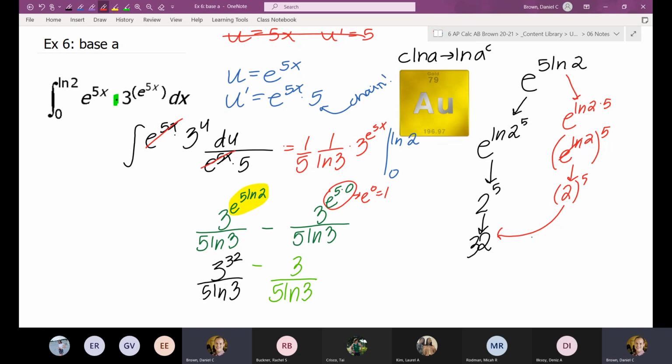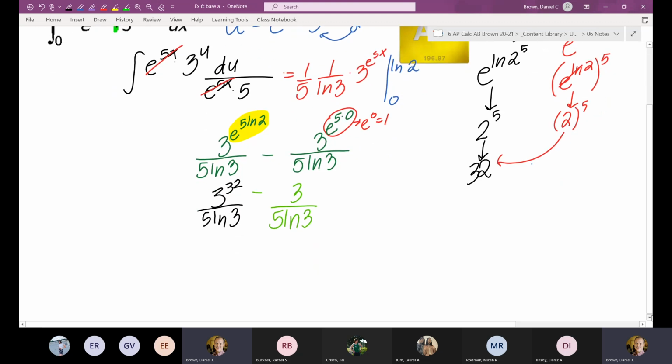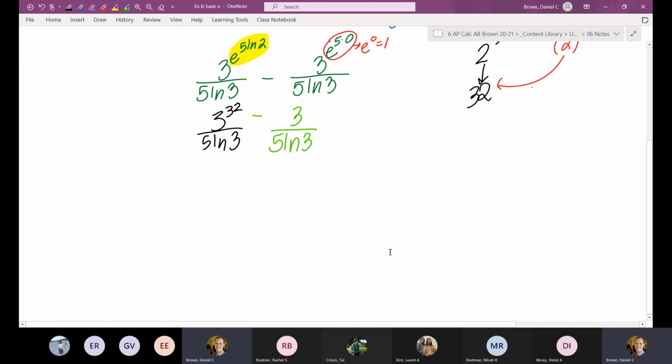Any questions on that one, either the calculus question or the algebra question? Can you simplify it even more since the denominators are the same? Yeah, I left it there because that's the hard part, but if this was on the AP exam, they would do something like, they both technically have a 3 in common, so you can factor out a 3, and they both have a 5 natural log of 3 in common.